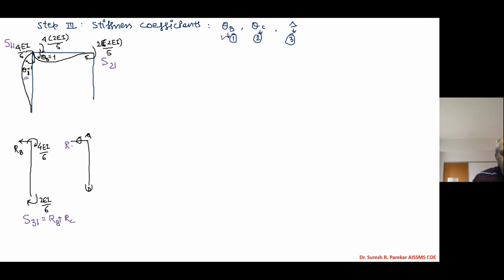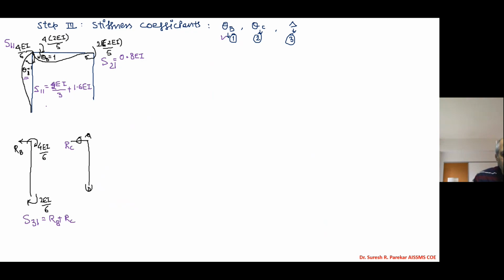S21 directly we can have 0.8 EI, theta B. And then S11 we have 4 EI by 6, so we can write 2 EI by 3, plus 8 by 5, that is 1.6 EI.